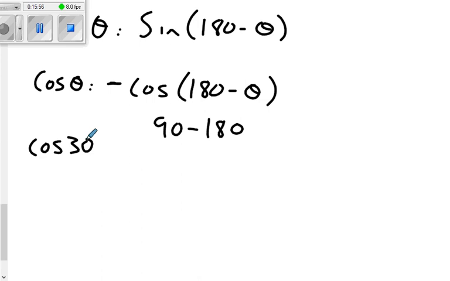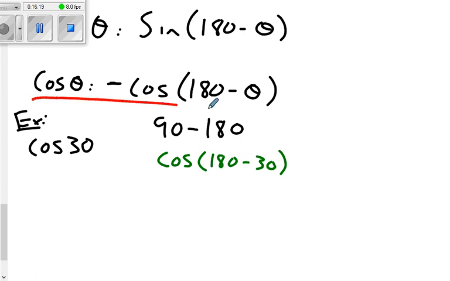And we'll compare that to the cosine of 180 minus 30 degrees. So we'll look at both of these and see what numbers we get. Because apparently I just told you the rule. So let's see if that's true.